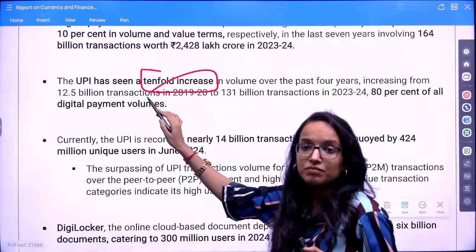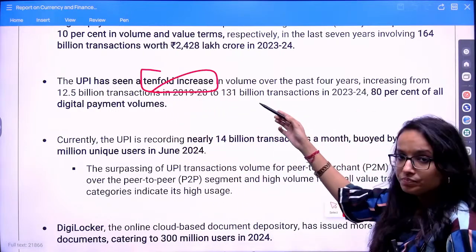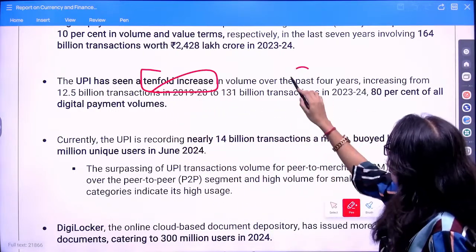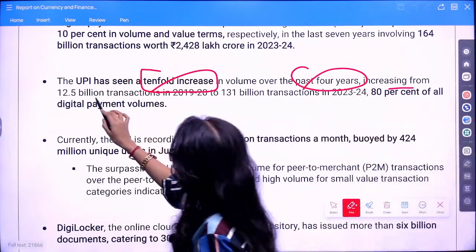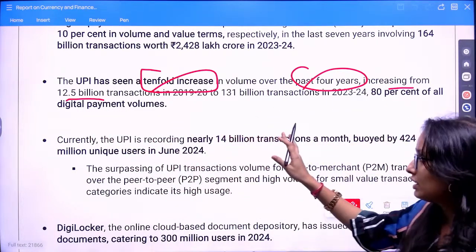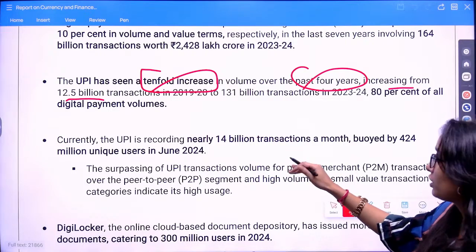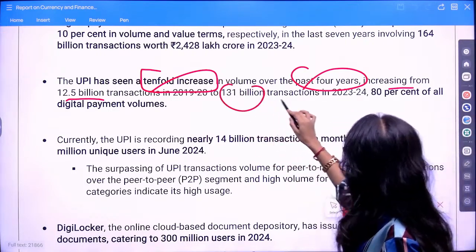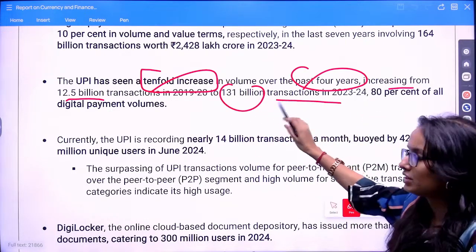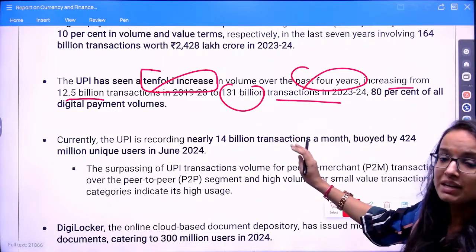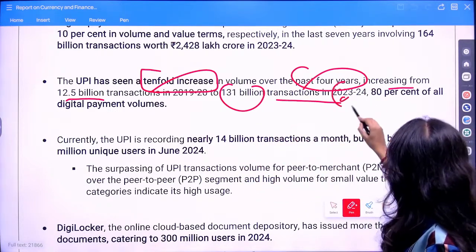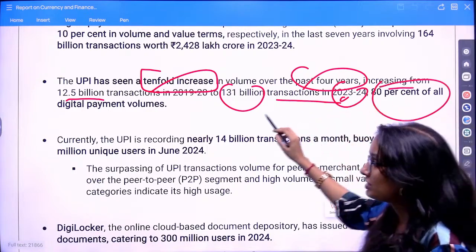Remember this: a 10-fold increase in volume over the past 4 years, increasing from 12.5 billion transactions in 2019-20 for India to 131 billion transactions in 23-24. Remember this figure, 12.5 billion transactions to 131 billion transactions in 23-24, 80% of all digital payment volume.